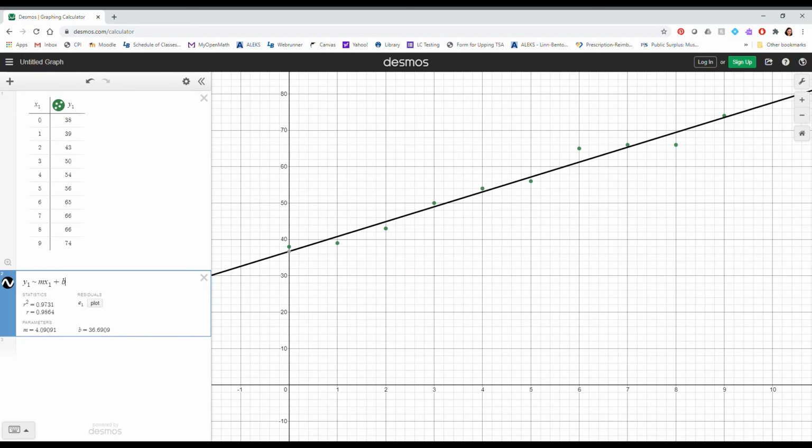All right, the next thing it tells us to do is evaluate C of 15 using your prediction model and interpret its meaning. Well, there's a couple of ways you can do this. The way I like to do this is I actually like to just put the model into Desmos.